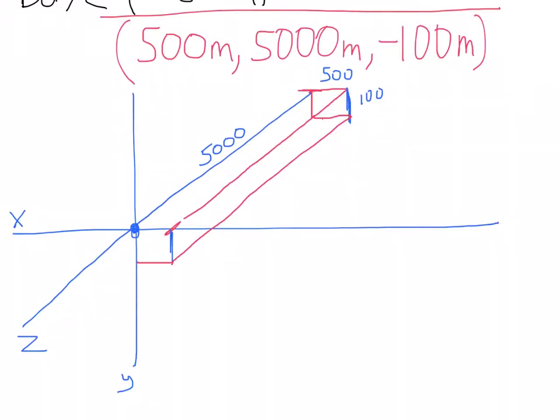And in the background here, you've got this rectangle. It's 5,000 meters long, and its length and width are 500 and 100. So I'm going to redraw this. Remember, we want to go from one corner, which is the origin here, to the other side, to the bottom corner.